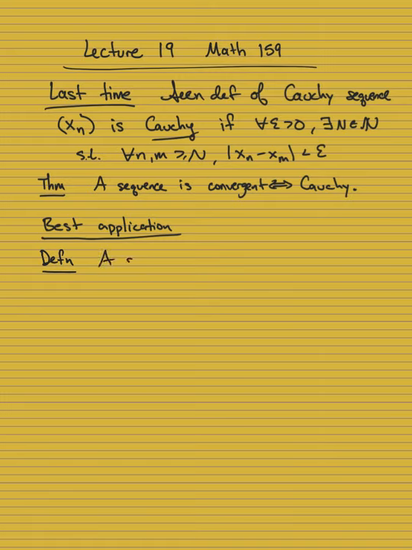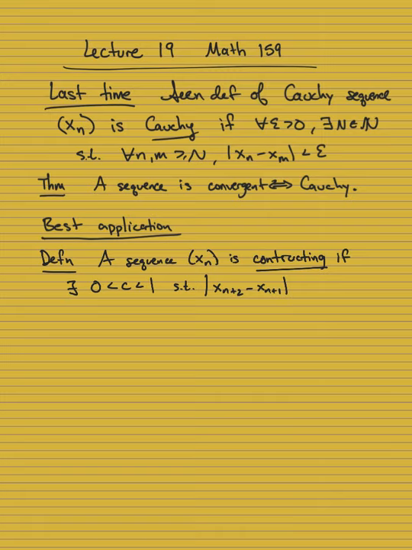All right, so a sequence xn is contracting if there's some number c between 0 and 1 so that the difference between two terms of the sequence, so I'm starting at xn, I guess, I'm looking at |xn+2 minus xn+1| is less than or equal to c times |xn+1 minus xn|.